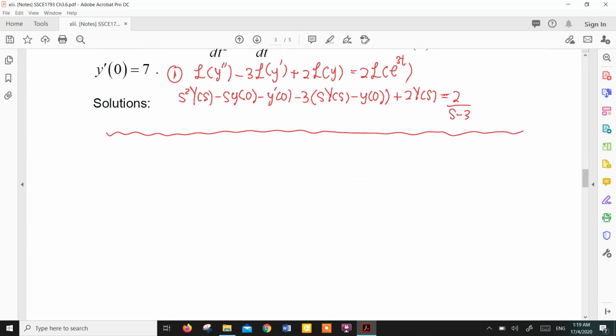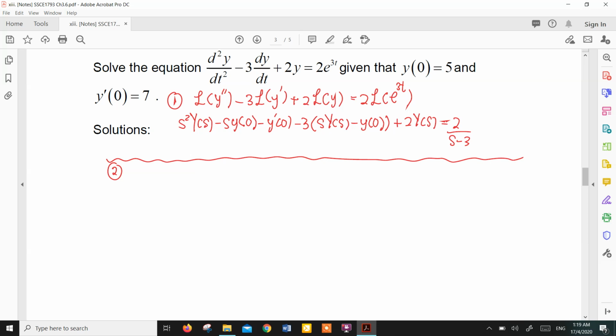The second step is to substitute the values of the initial conditions into your equation.